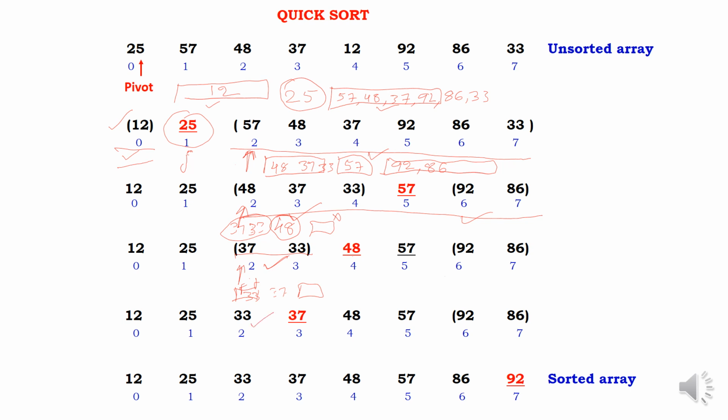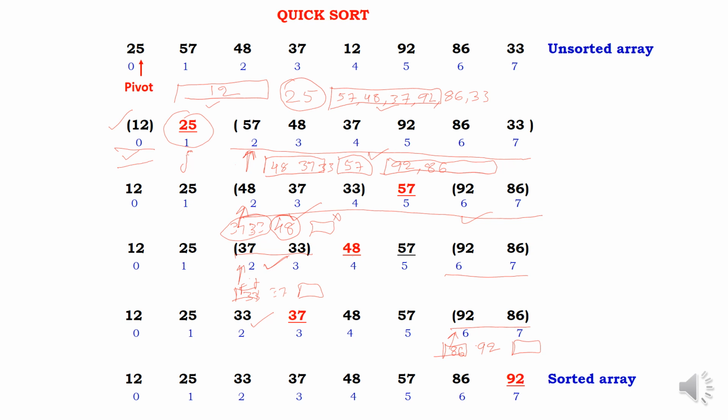Then here there are two elements in the subpartition, 92 and 86. We assume that the first element is pivot element. We fix this pivot element 92 by dividing the array into two partitions. All the elements that are less than 92 will be placed before 92. 86 is the element which is less than 92.